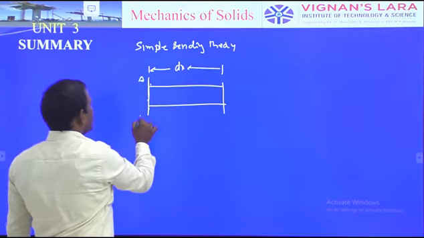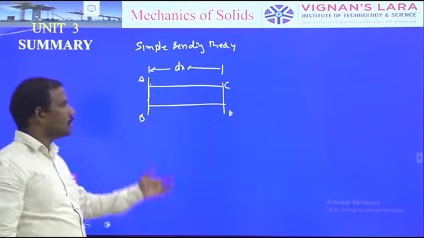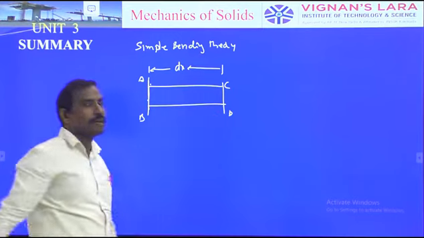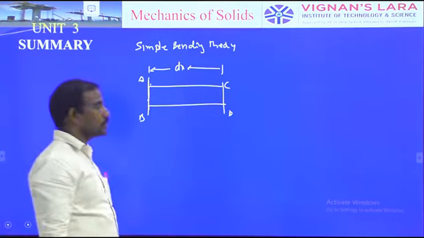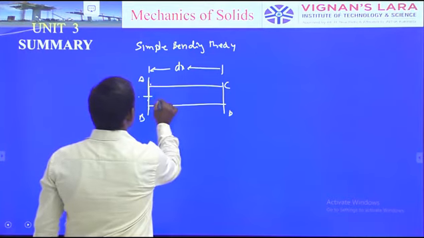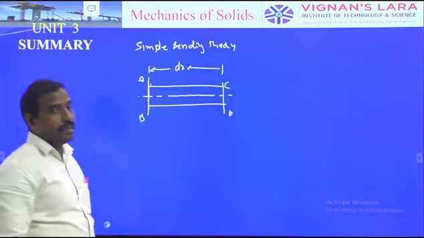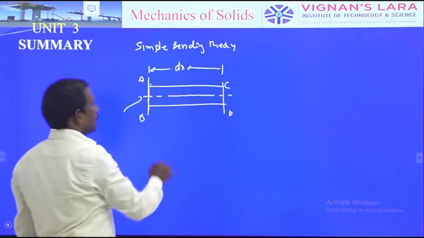This is the plane AB, this is the plane CD. In between the planes AB and CD, all the layers, the upper layer and bottom layer, are parallel to each other, and the same in size and shape also. Let us consider a line at the midpoint of AB or CD, called one layer.